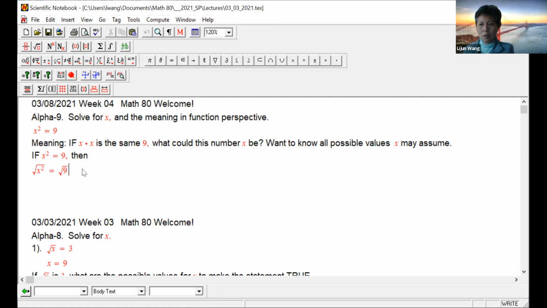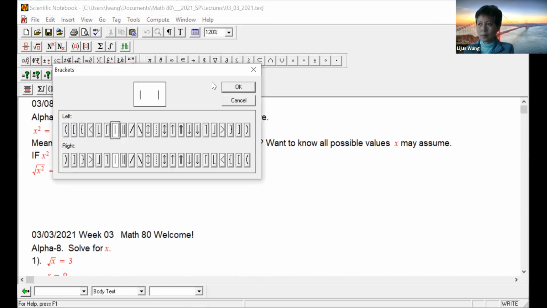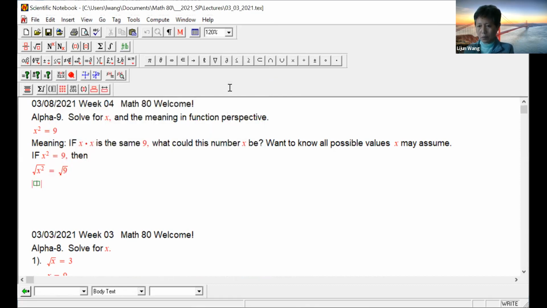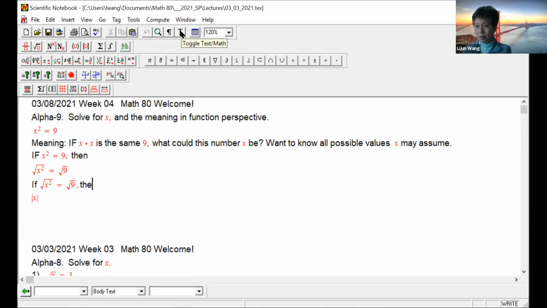Okay. And then what? We have absolute value because, if this is true, I'm going to write it just a little bit longer. If this is true, then this guy is equal to that.